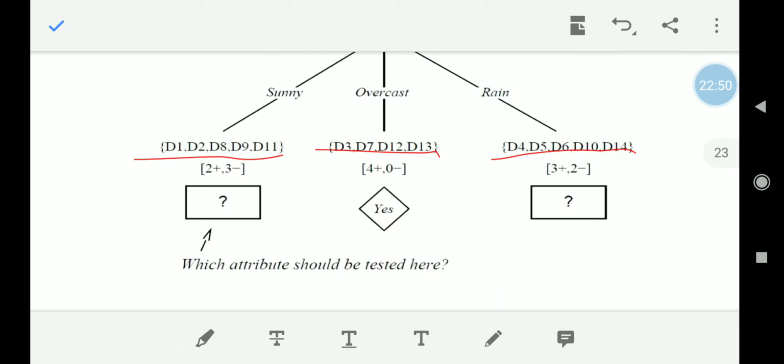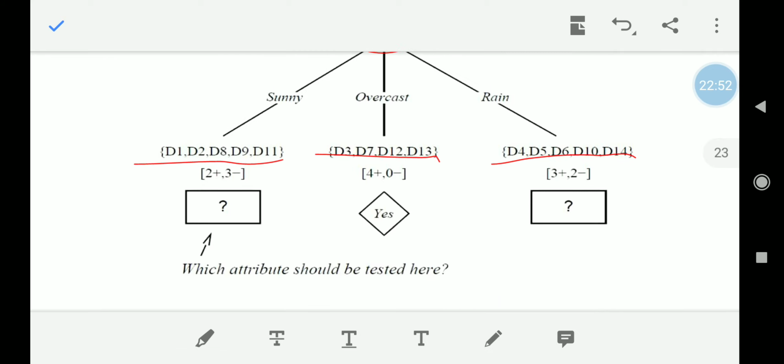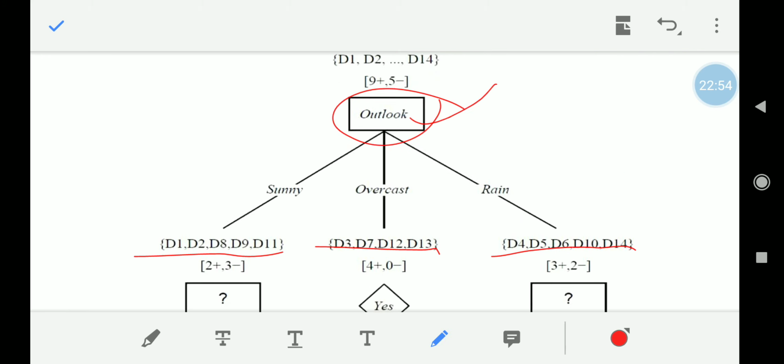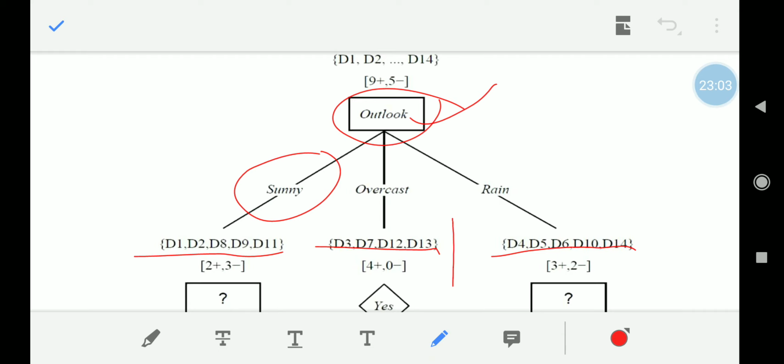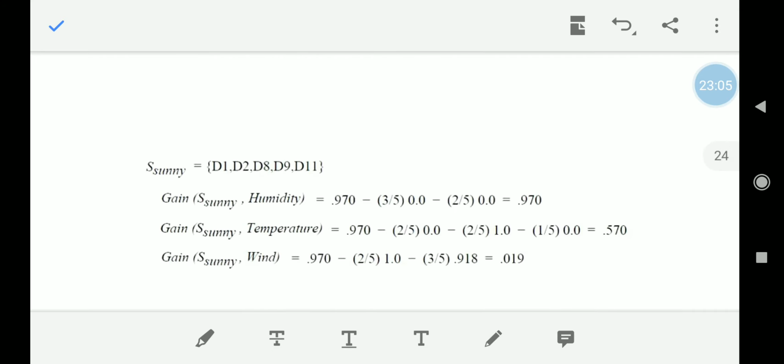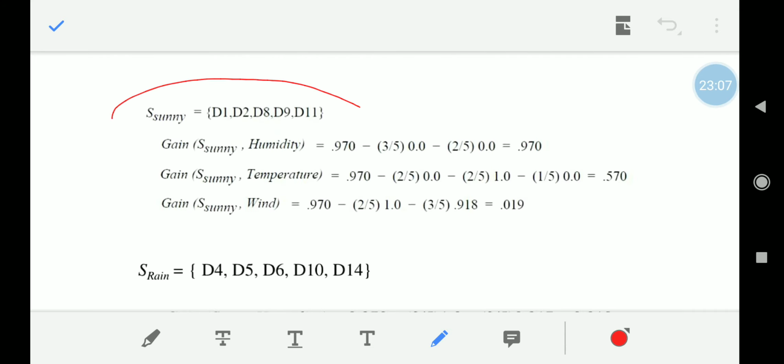Now the procedure is repeated. For outlook sunny, you should take the other attributes, humidity or wind or temperature, then again calculate the gain. You can see here, when S is equal to sunny, you have D1, D2, D8, D9, D11.